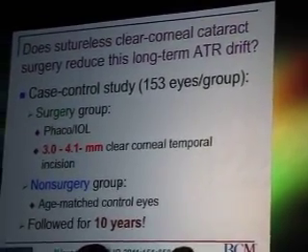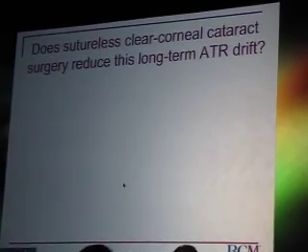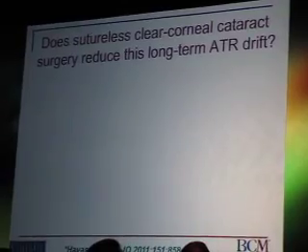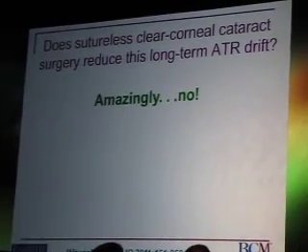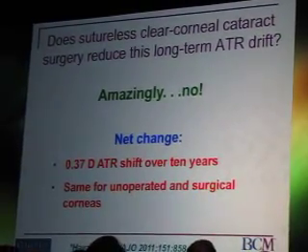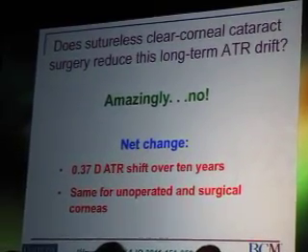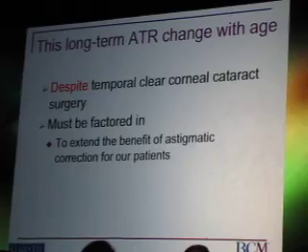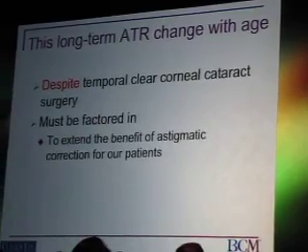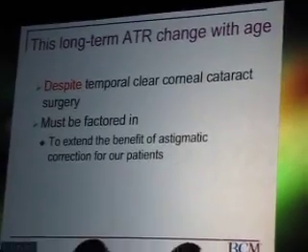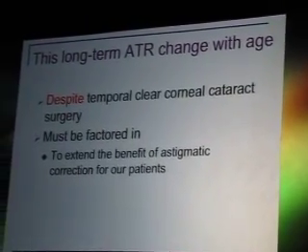Nobody does these kinds of studies. It's wonderful. And the question is, do sutureless wounds made temporally affect that drift? Amazingly, no, because they found about 0.37 diopters of against the rule shift over 10 years, the same in the unoperated and the operated corneas. So when we think about our IOL calculations, I think we need to take this into account if we're going to extend the astigmatic benefit for our patients.